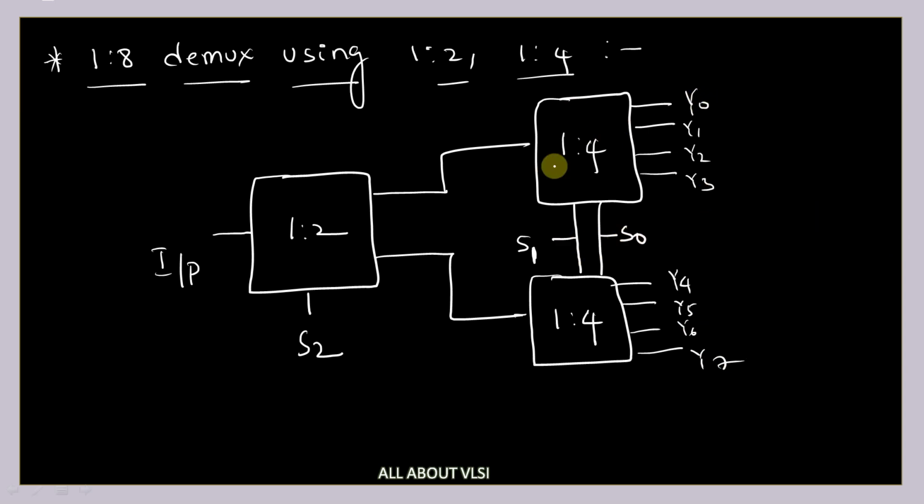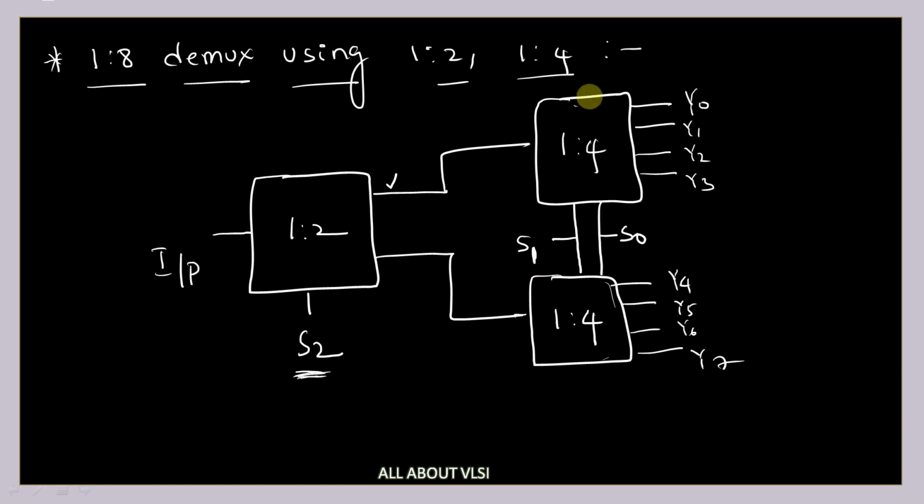And if S2 is equal to 0, then this output will be active, that is, the input will be carried to the first demultiplexer. If S2 is equal to 1, then the input will travel to the second demultiplexer. Depending upon the value of S2, it will be decided whether the input should travel to the first demultiplexer or to the second demultiplexer.